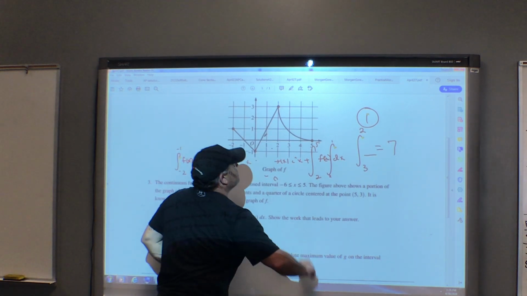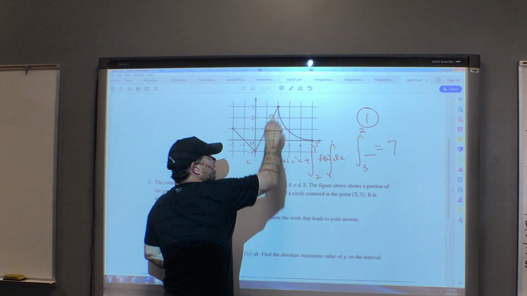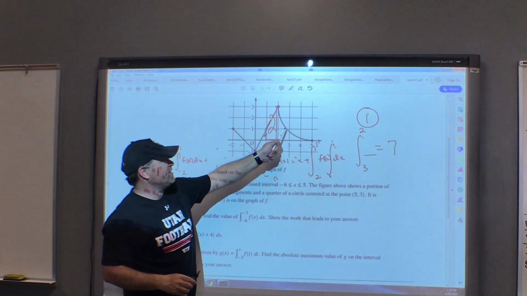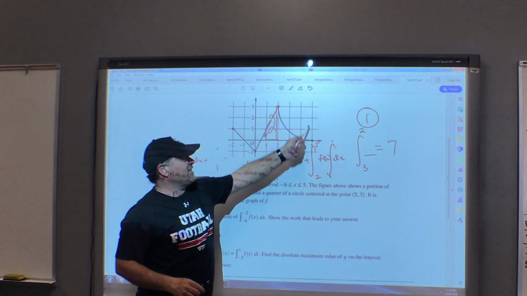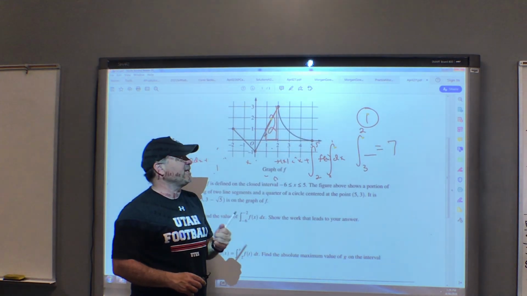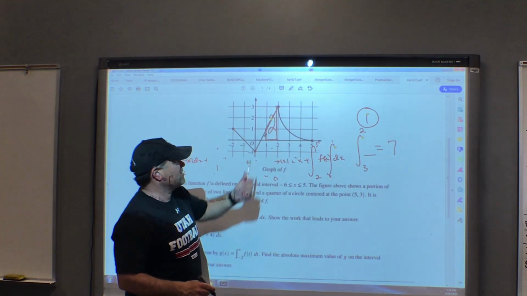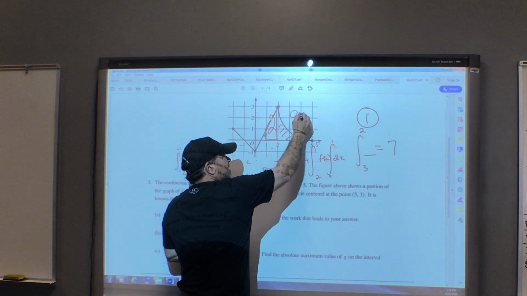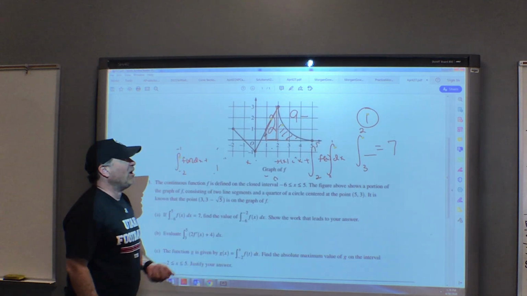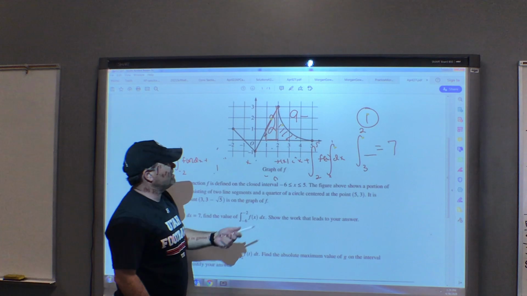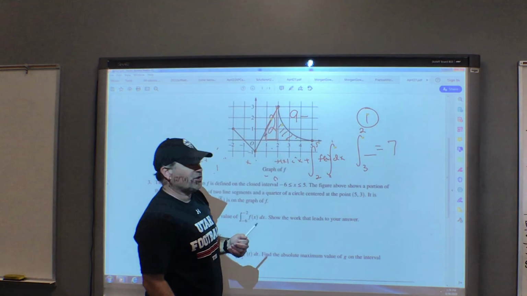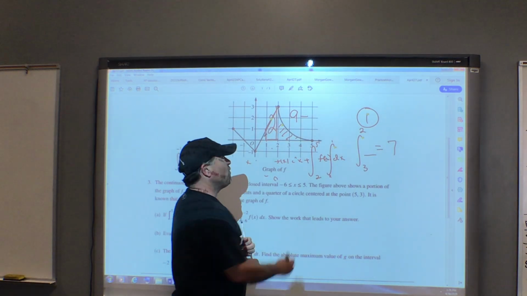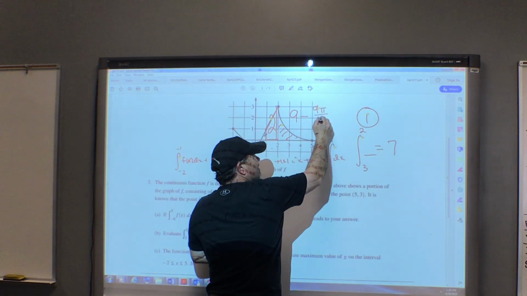So they were saying this little piece right here is worth 2, and then they wanted you to see that this piece is a square minus 1/4 of a circle with a radius of 3. That square is obviously 9 units, so this piece is going to be those 9 units subtracting 1/4 of the circle, and you do have to make sure to divide it. That's pi times 3 squared over 4, or 9 pi over 4.